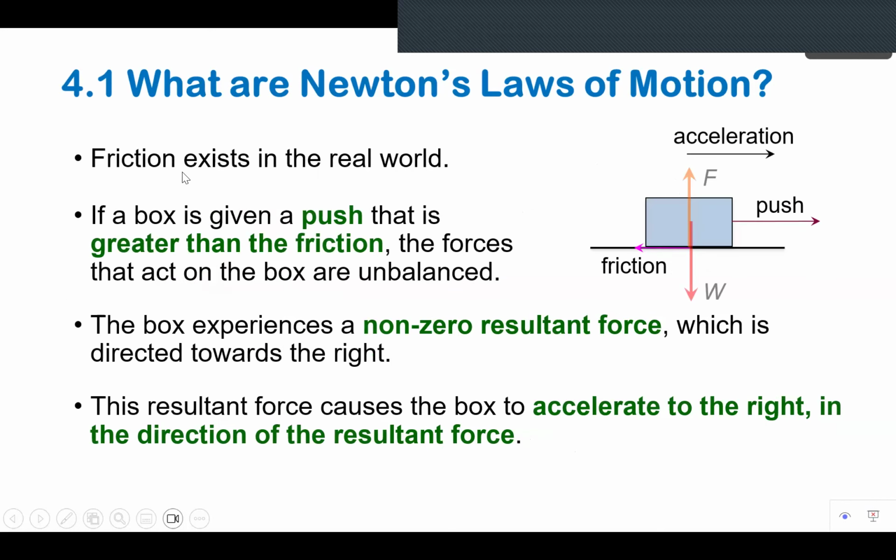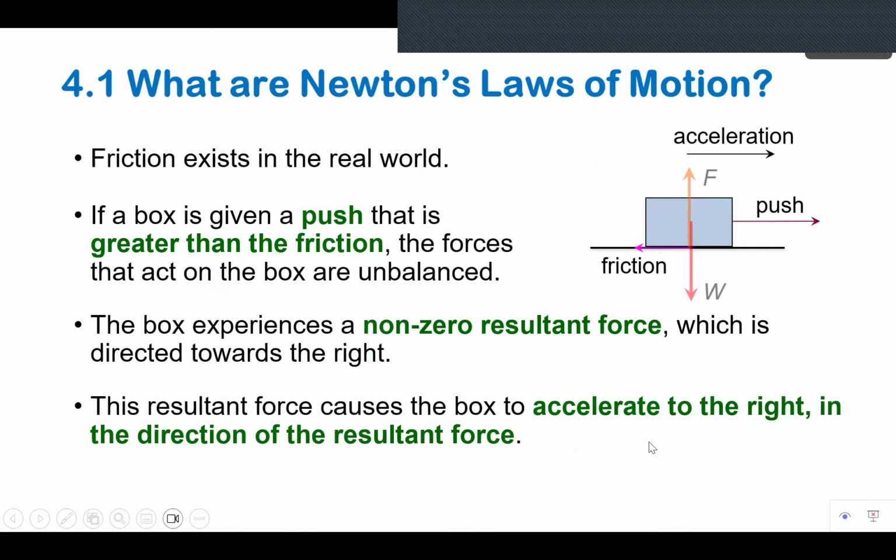Okay, next example, but friction exists in the real world. If you give a box a push, in order to get the box to start accelerating, your push must be greater than the friction. Then there will be a resultant force because the forces are unbalanced, and the box will start to accelerate in the forward direction of the push.